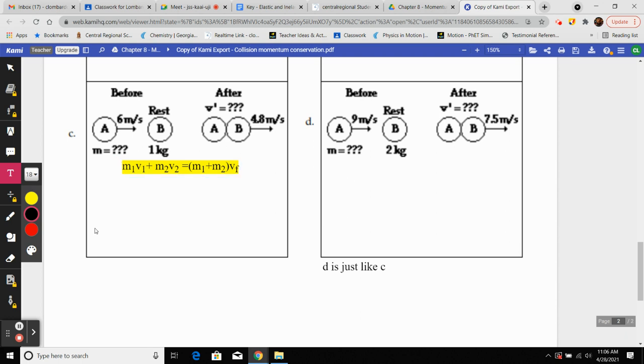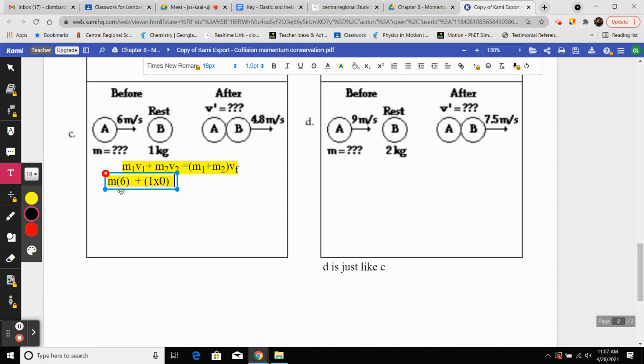That's okay. So we're just going to say M instead of anything else. So we have M times 6, because it would be the mass 1 times its velocity, plus M2, which is 1, times 0, its velocity. Now it's going to equal, this one you definitely need parentheses for.